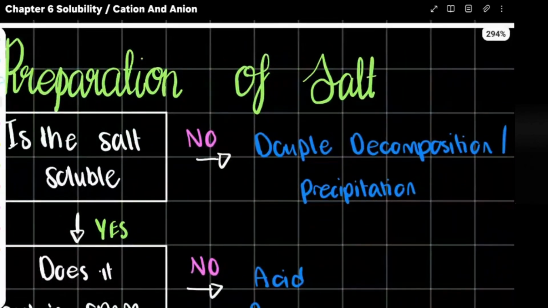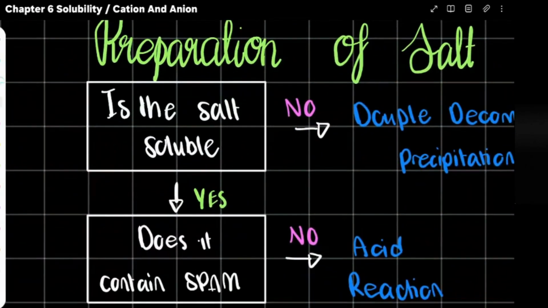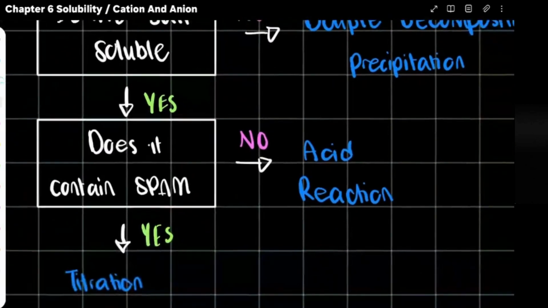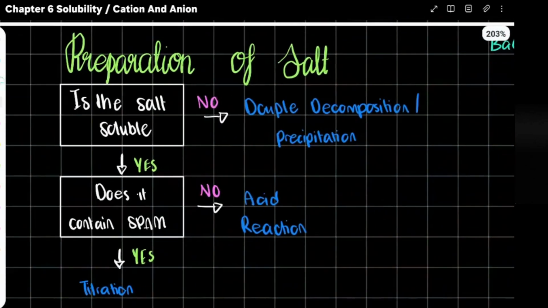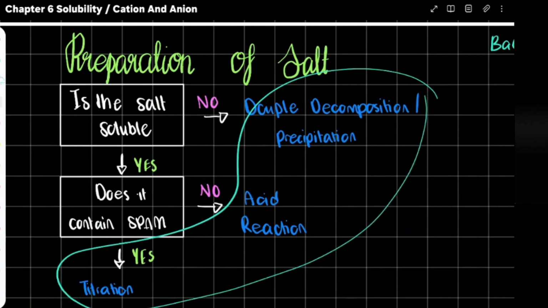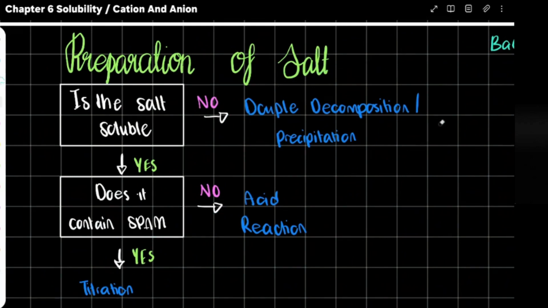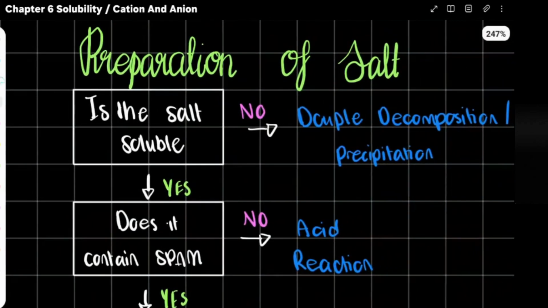First, you have to go to a list to see which method you want to use to create the salt. There are 3 methods here: double decomposition method, acid reaction, and titration. These 2 here are basically the same, but this one here is a bit different. So you have to go to a list.